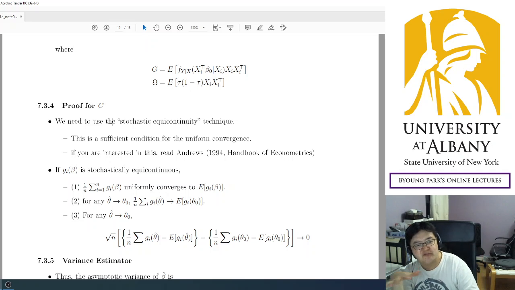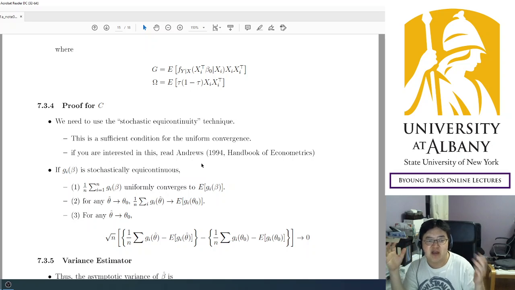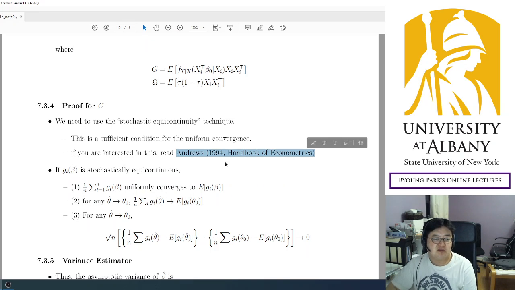So most of the functions you use in your dissertation would be one of them. For example, if your function is bounded and has finite parameters, then it's stochastically continuous. It may not be exactly true, but something like that. It simplifies the assumptions, so if you need to use the theory, I recommend this paper.